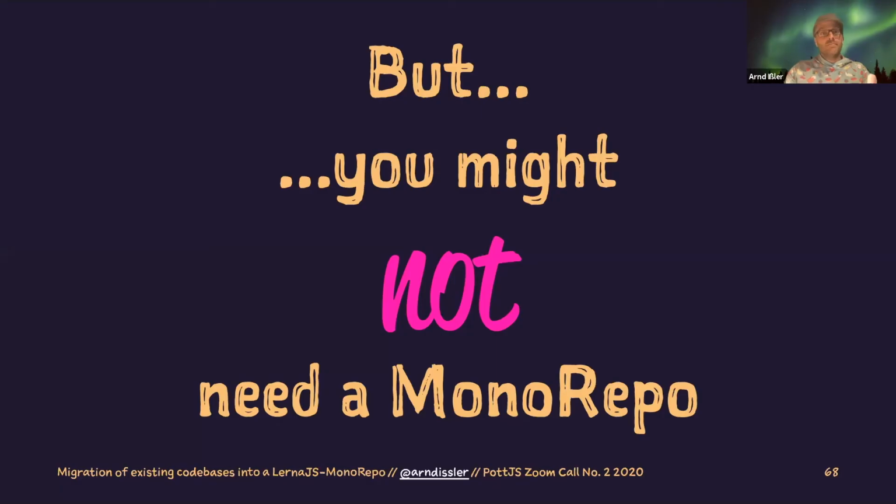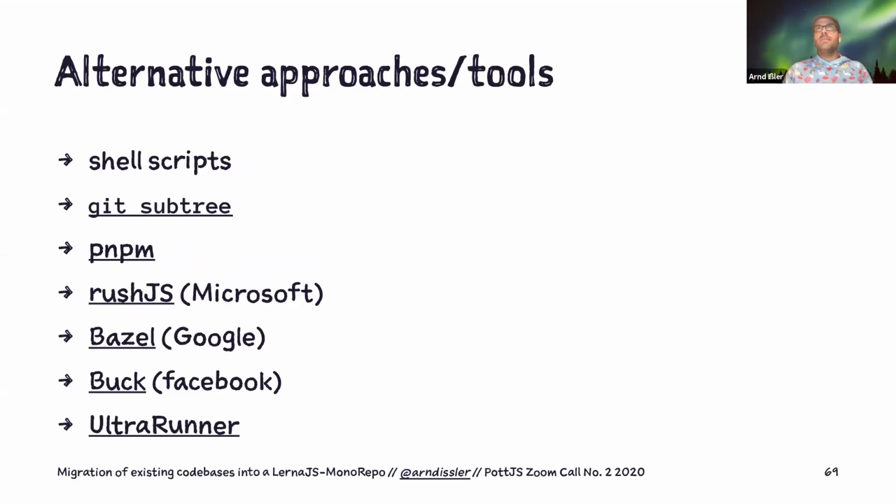And as I already said, you might not need a monorepo. So get used to shared scripts. Have a look at Git subtree. This is also very nice. PNPM is an alternative package manager like NPM and Yarn, but it works with linking out of the box.